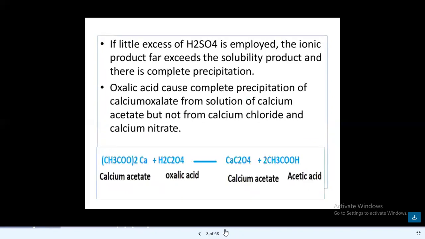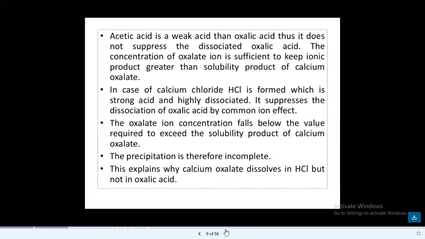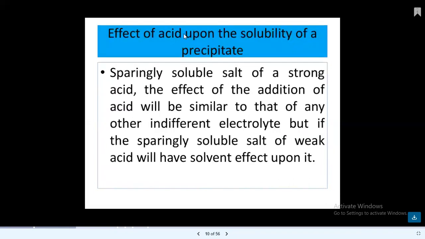Okay, it is not concerned here. We directly reach the effect of acid upon the solubility of precipitate.